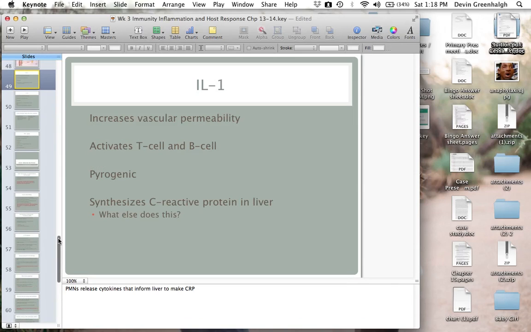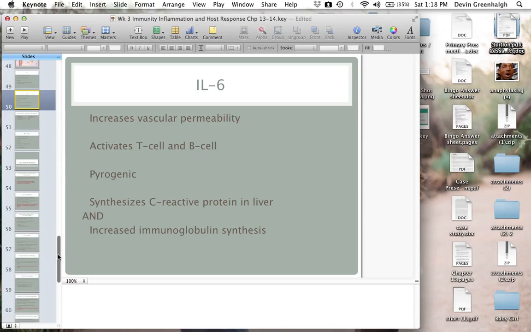It synthesizes C-reactive protein in the liver. What other things create C-reactive protein? PMNs release cytokines that inform the liver to make C-reactive protein. So interleukin 1 and PMNs can cause C-reactive protein to be made.